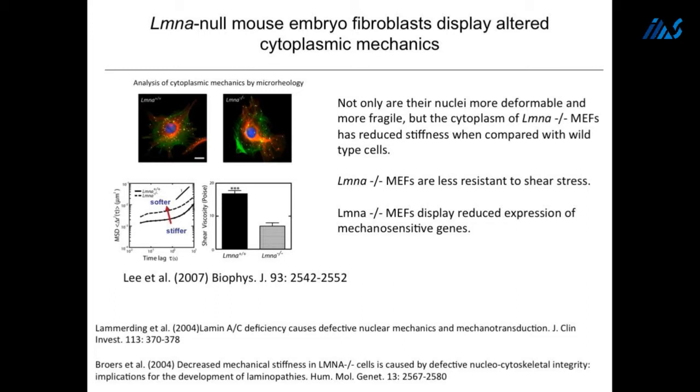It's less mechanically resilient. Jan Lammerding and his co-workers came to exactly the same conclusions several years before this, as did Jos Broers. So basically the message here is that these Lmna-null fibroblasts, not only do they have mechanically compromised nuclei, they also have mechanically compromised cytoplasm.